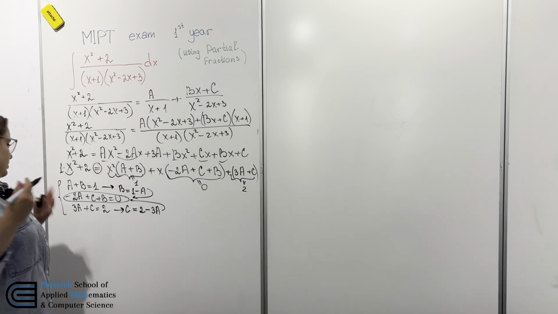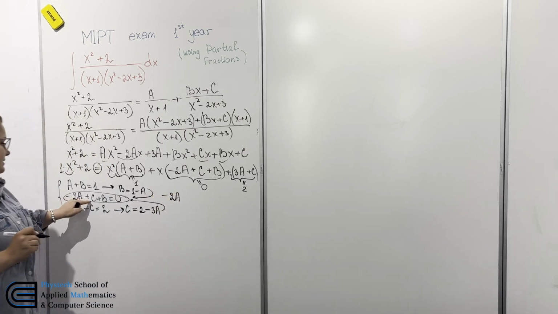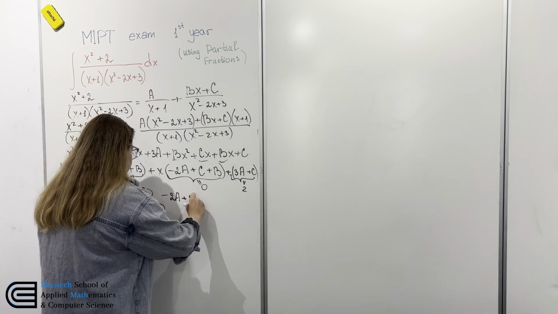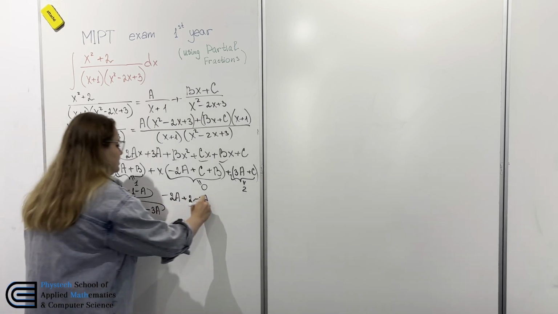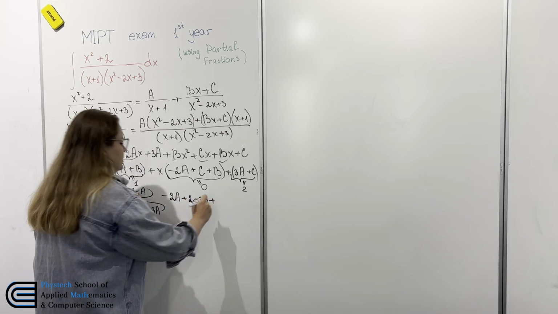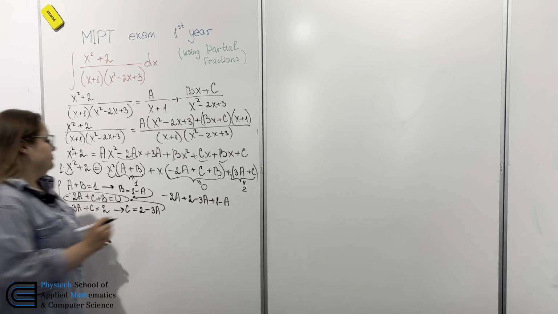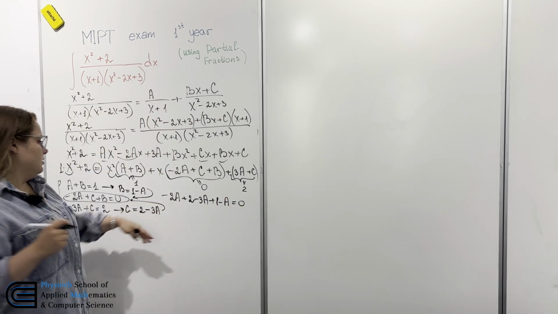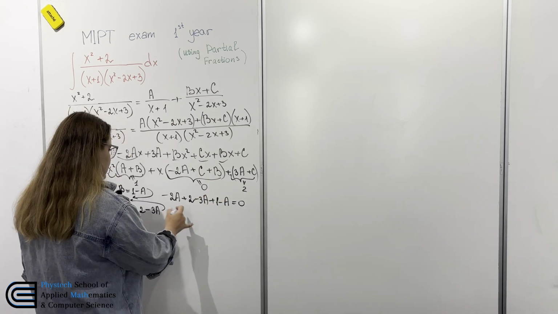And we will obtain what? Minus 2A plus C, but C equals 2 minus 3A, then plus B, but B equals 1 minus A, and it equals 0. So now we have only A here, so we can solve our equation.